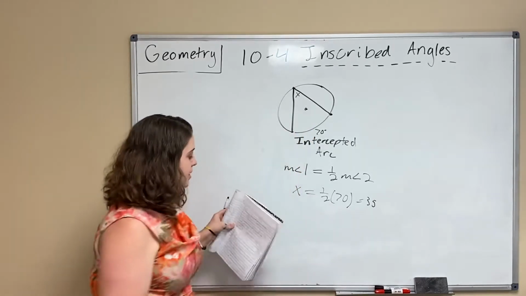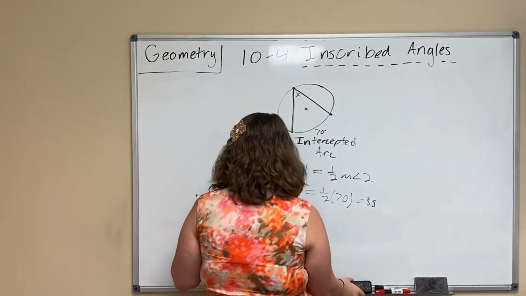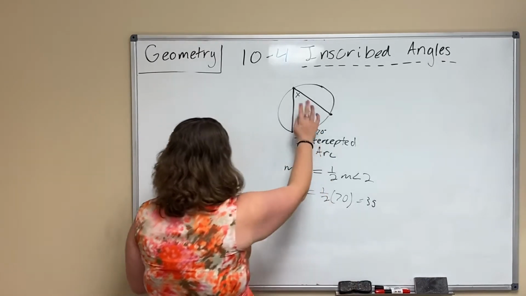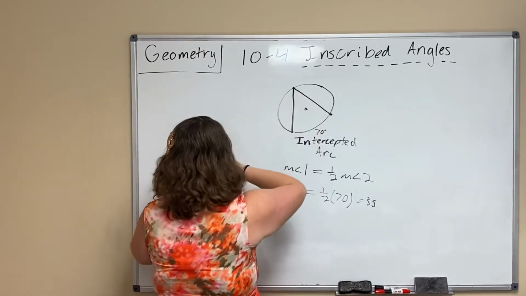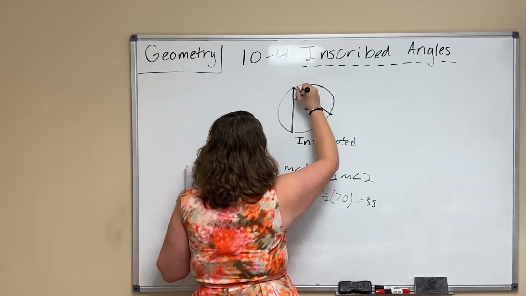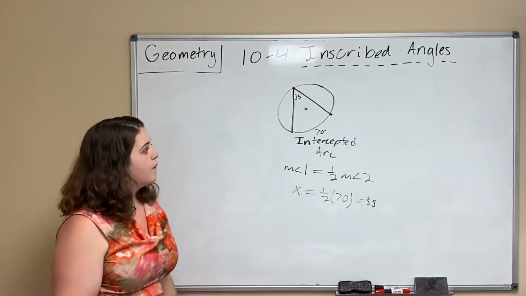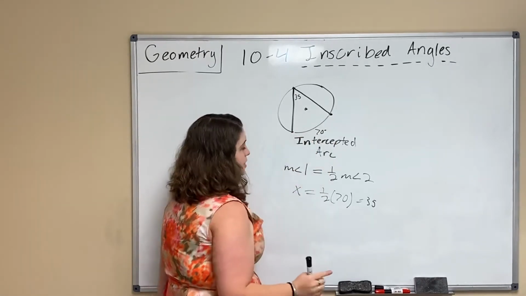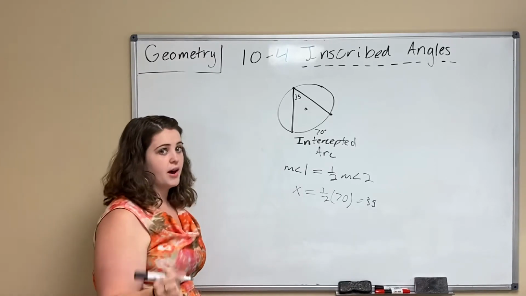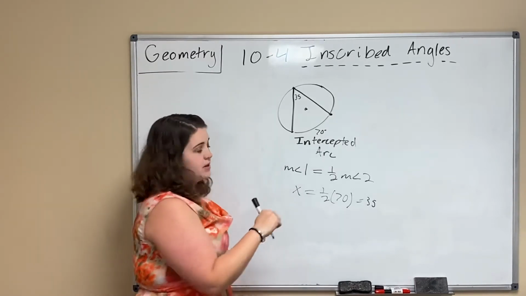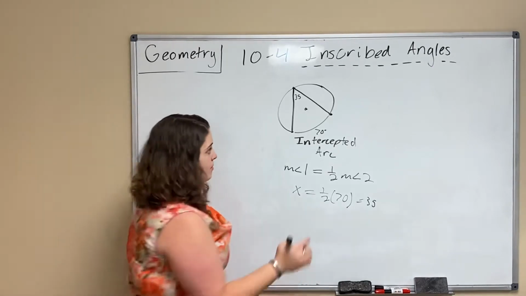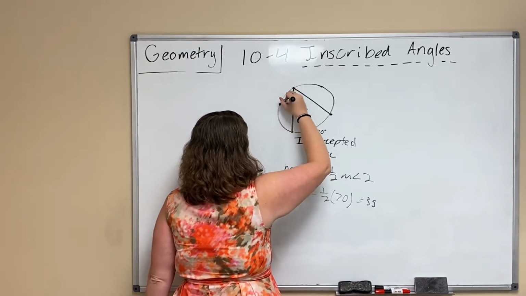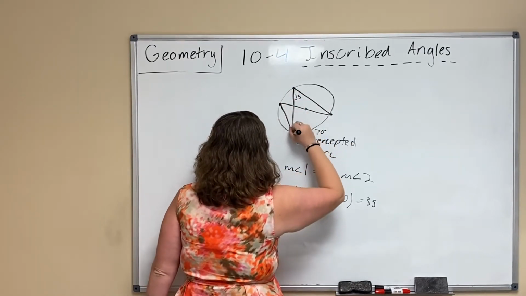The next thing I want to talk about is if we have an inscribed angle, let's just use this one. So we found out that this one was 35. Now, I found 35 by saying 1/2 of the arc length. So it stands to reason if I had another inscribed angle in this circle, but its endpoints of its chords were the same, so say it starts here, but it goes to the same 2 points.